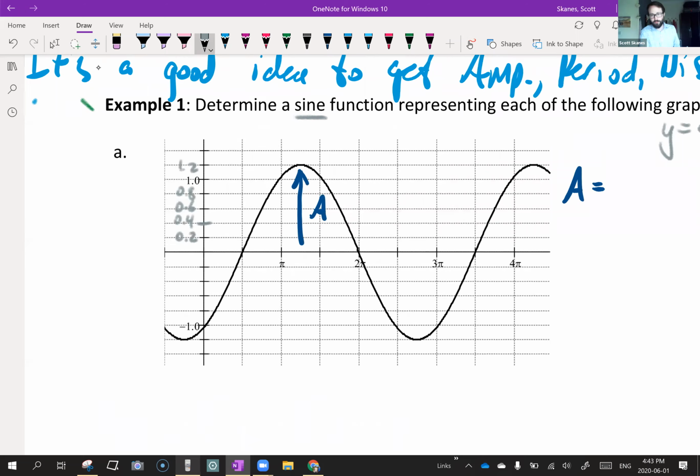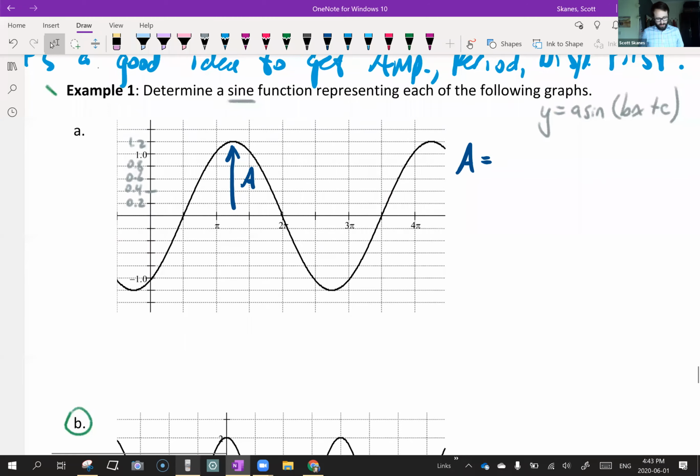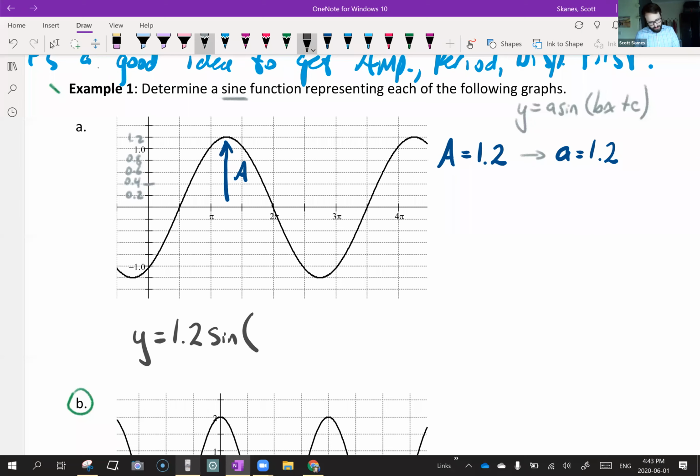It's actually 1.2. So be careful. Kind of like those terrible measuring tapes in the physics lab. They go up in groups of 2 every time. Anyway, so A, amplitude, is 1.2. So we have A. In fact, I can already start writing my answer. And you'd have a mark there. That's A.